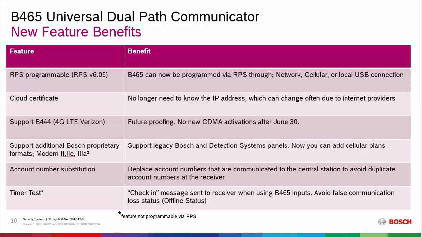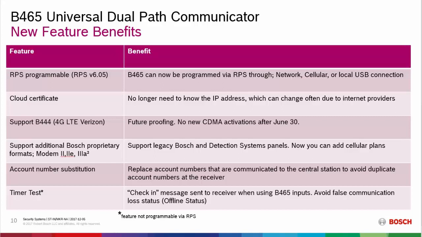The next item that we added is support for the 444. So again, this product is going to be releasing fairly soon. It's our new 4G LTE Verizon communicator. And in here we have a note. I think everybody is probably well aware that there's no CDMA activations after June 30th of this year. So that's not that CDMA is dying. CDMA is still going to be around.